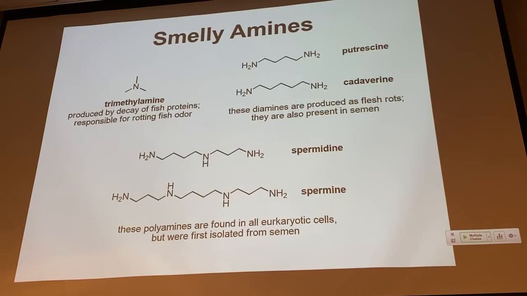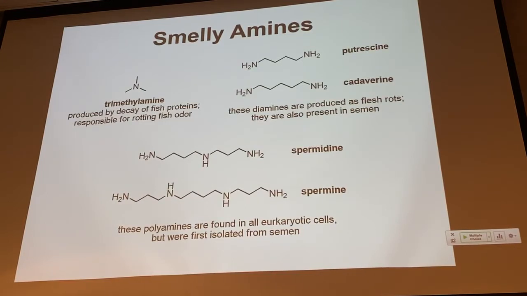So what do many people put on their fish when they're eating fish in order to make it taste better? There are lots of different choices. You could put tartar sauce. You could put soy sauce or other sorts of things. You can also put lemons or limes.